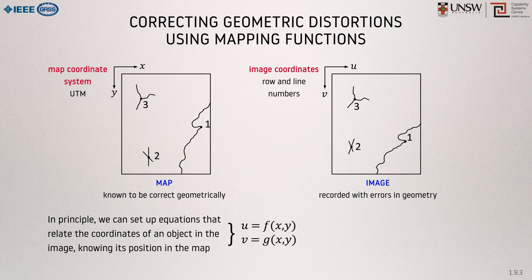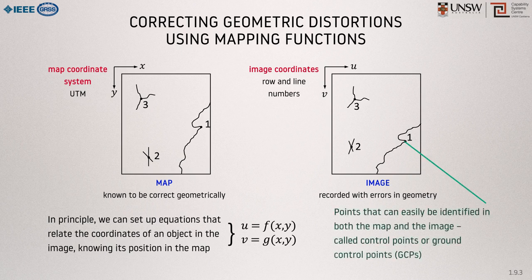Those functions will contain unknown coefficients, which, when given explicit values, will allow us to go between the map and the image. To find those explicit values, we need some points in common, that is, simultaneous sets of x, y, and u, v, that we can substitute into the equations. Those points are the control points, or sometimes they are called ground control points.